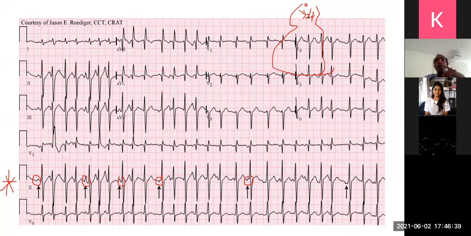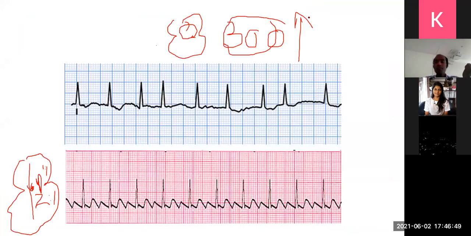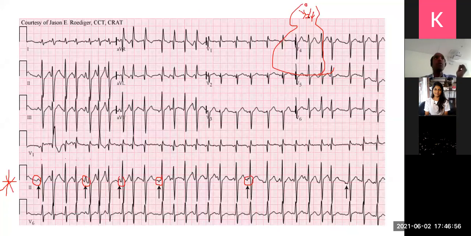This is called multifocal atrial tachycardia. That's another atrial rhythm. So we have now learned 3 types of atrial rhythms: atrial fibrillation, atrial flutter, and multifocal atrial tachycardia or MAT.